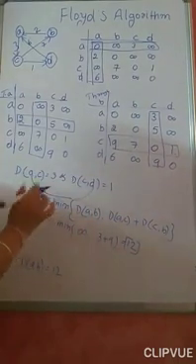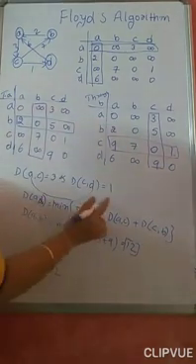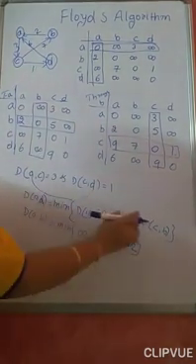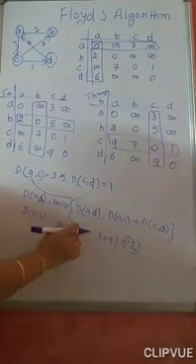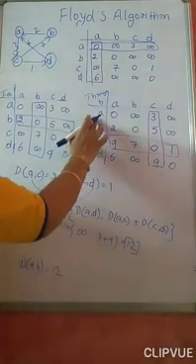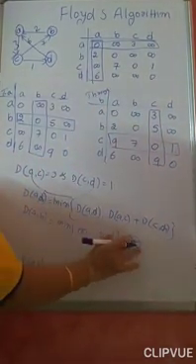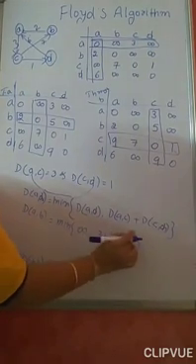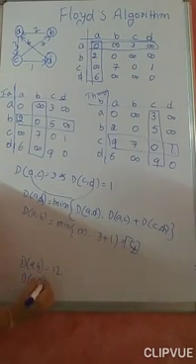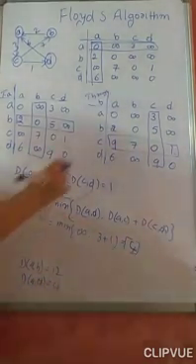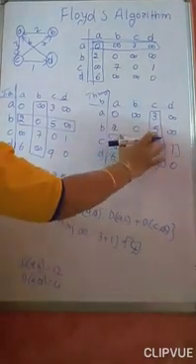Therefore, the distance from A to D is the previous distance from A to D, or A to C and C to D. A to D was infinity, and this is 3 plus 1, which is 4. Which is the minimum? 4 is the minimum. So I have changed the distance from A to D to 4. Okay, this I have done with this. Now I will consider this 5.